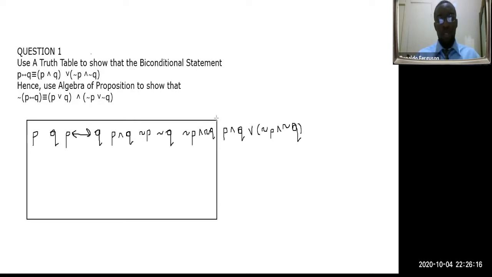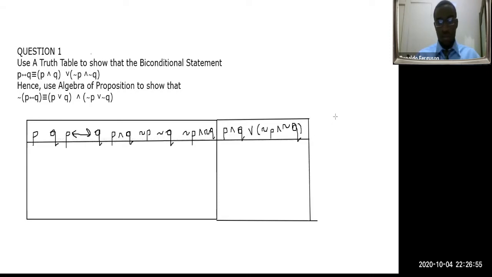So let's go ahead and do this question. Let's finish drawing up the table.